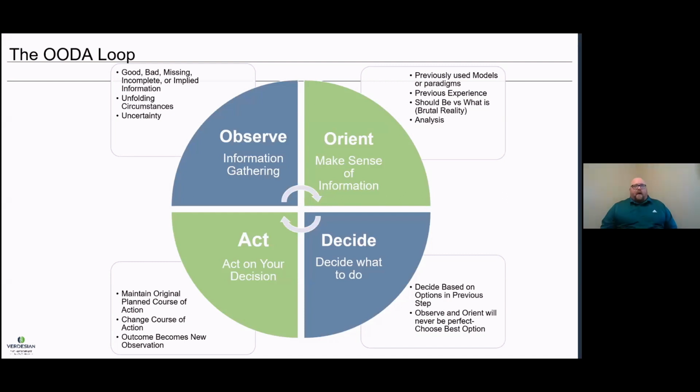When you apply that to other systems, it really starts to make sense. The OODA Loop stands for observe, orient, decide, and act. And in those, there are all these subsets that you need to look at, right? The observe portion is just information gathering.